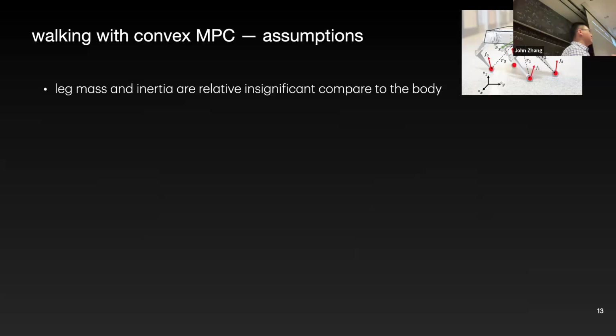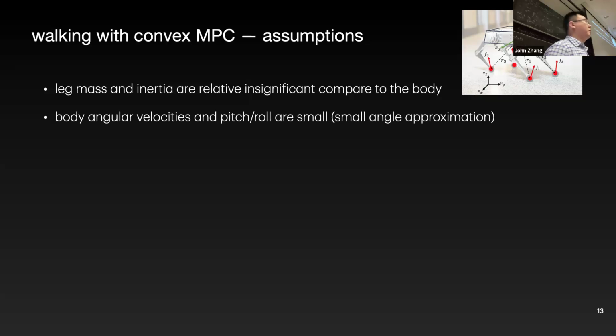People came up with a control strategy and designed the robot simultaneously, and eventually put the batteries and motors essentially on the base of the robot. So particularly for the MIT Mini Cheetah robot, this is a really good assumption. The legs end up being very light, and all the motors are around the base. But for a more complicated humanoid robot, this might not be such a good assumption.